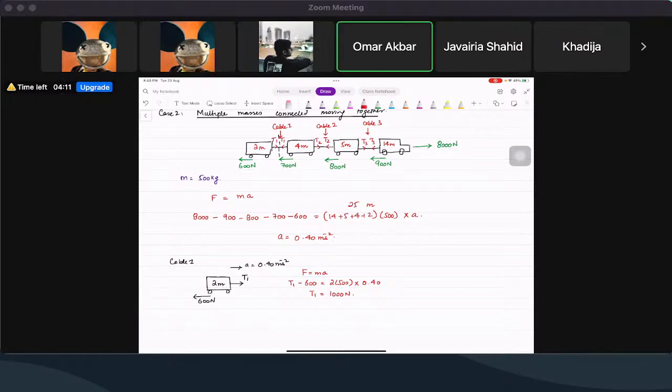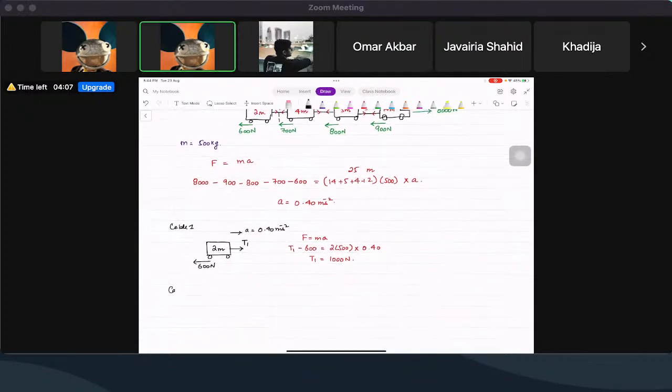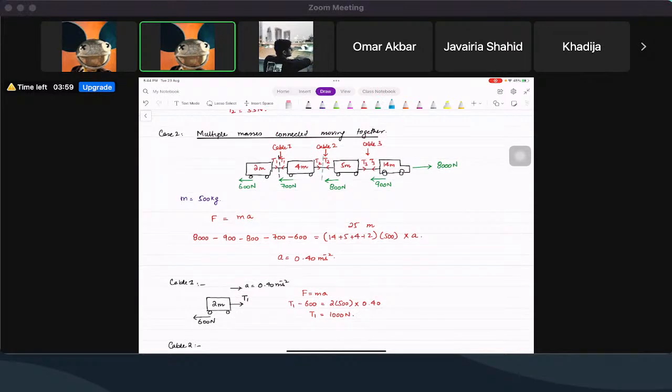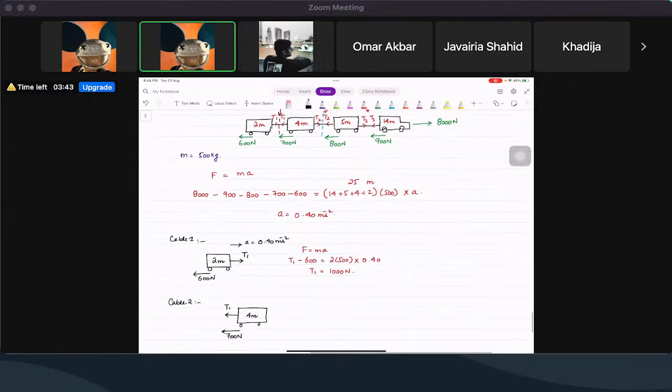Yes, sir. Then what I'm going to do is I'm going to look at the cable 2. So the cable 2, we want to cut it right from here and then redraw the whole drawing. So for this one, we got 4m. There is one force here which is 700 newtons, and there is also T1 here, as you can see from the diagram, and also T2, and the acceleration is the same.